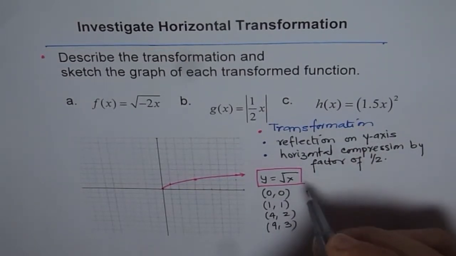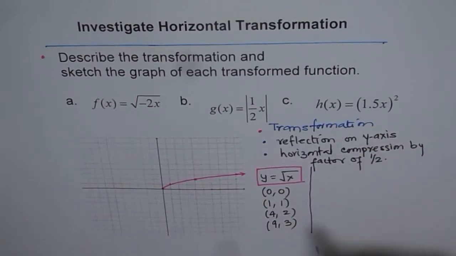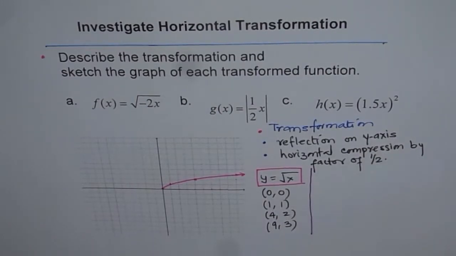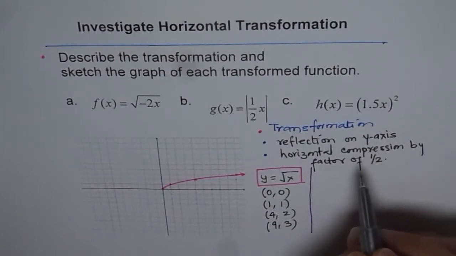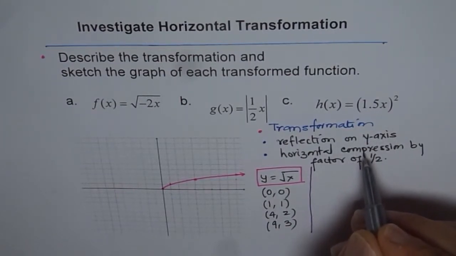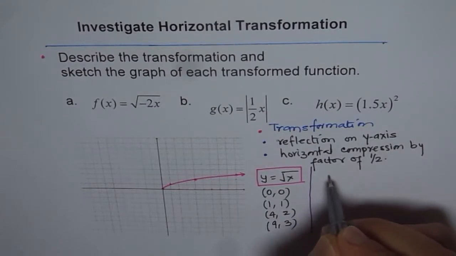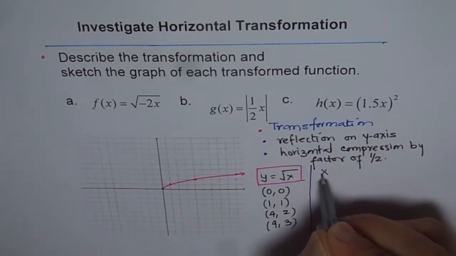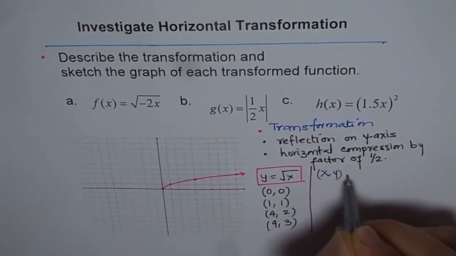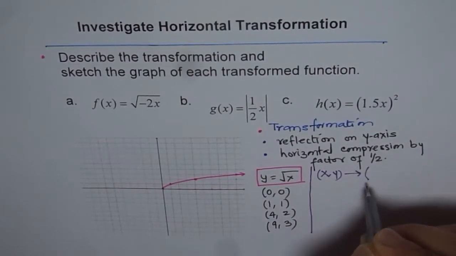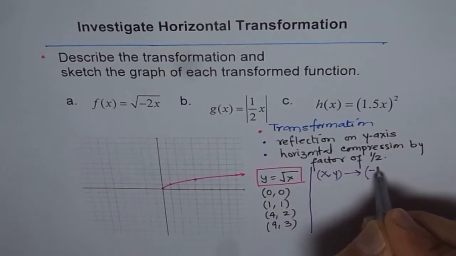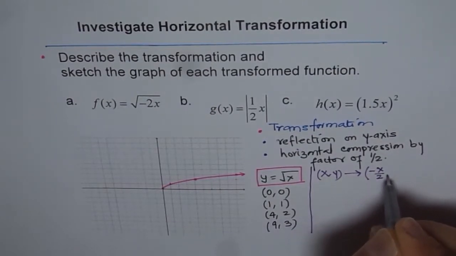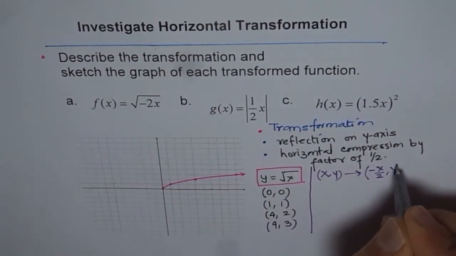In this particular case, I will write down my transformed points first. The transformation only affects x coordinates and not the y coordinates. Therefore, the point x, y gets transformed so that my x gets multiplied by minus half, so it's minus x by 2, and the y remains as y.